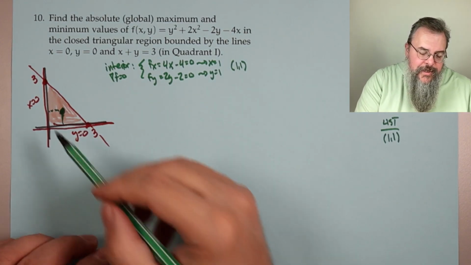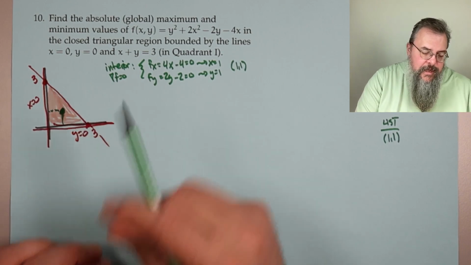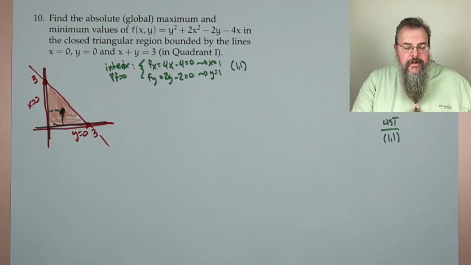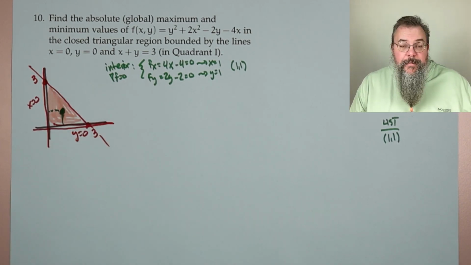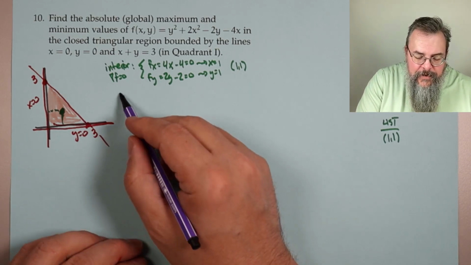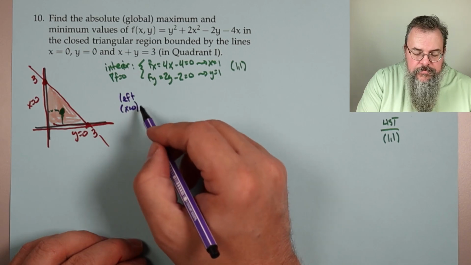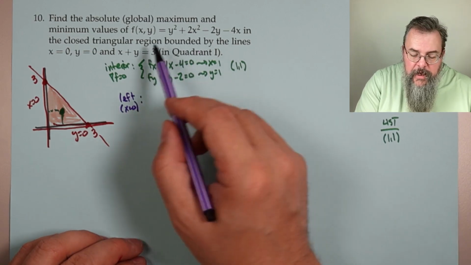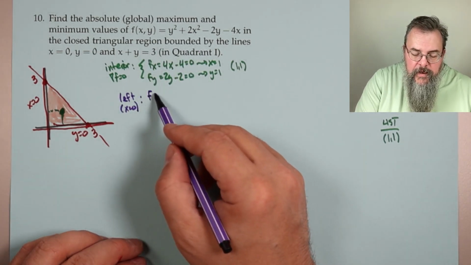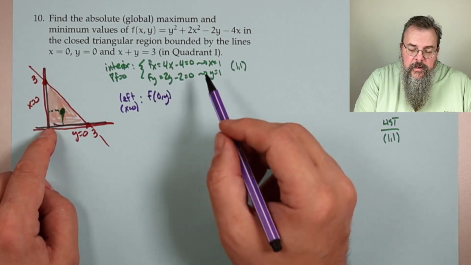Let's start. You have the x equals 0 side, so we'll call that the left side. And we know how to describe it. We have a formula, namely x equals 0. So for the left, at x equals 0, we have our f of 0 comma y, so we're on here, is what?